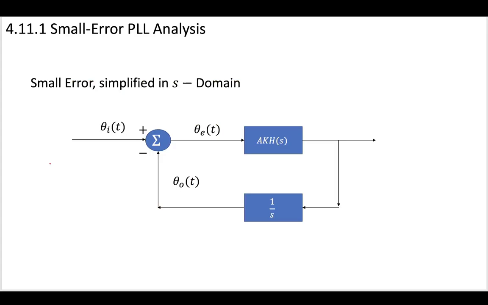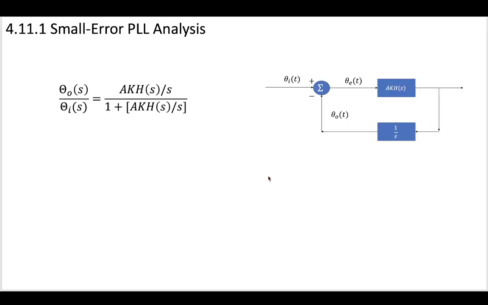So doing that here, we just took h of t and turned it into h of s, and this time integral turns into a 1 over s. So now we have an S domain system that we can analyze.